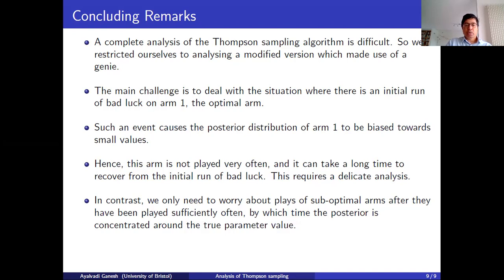Okay, what about other reward distributions? If a conjugate prior is known for those reward distributions, then the statement of the algorithm is again quite straightforward. It can be implemented. The analysis could be harder, so we won't say anything about the analysis for the general setting.